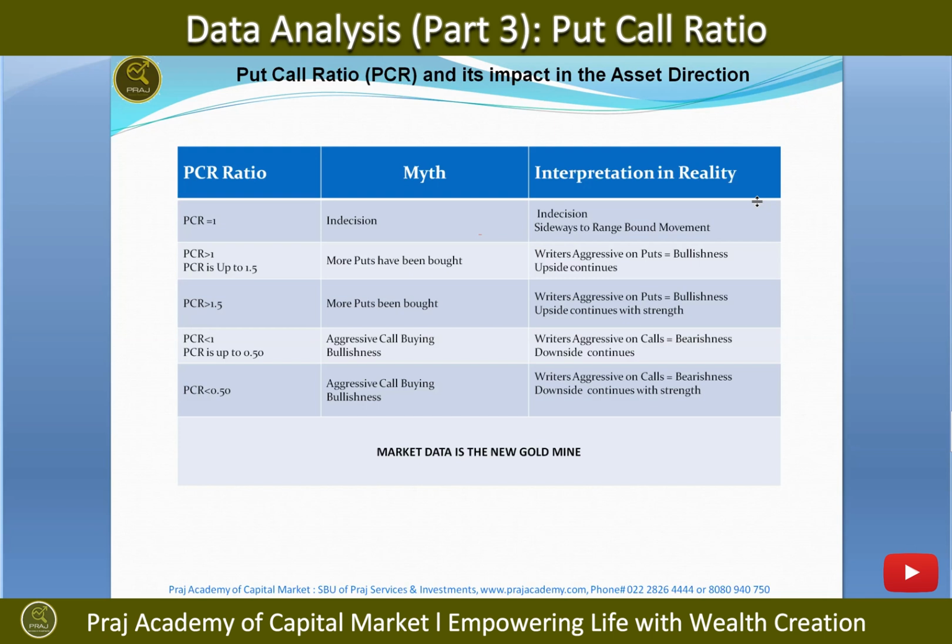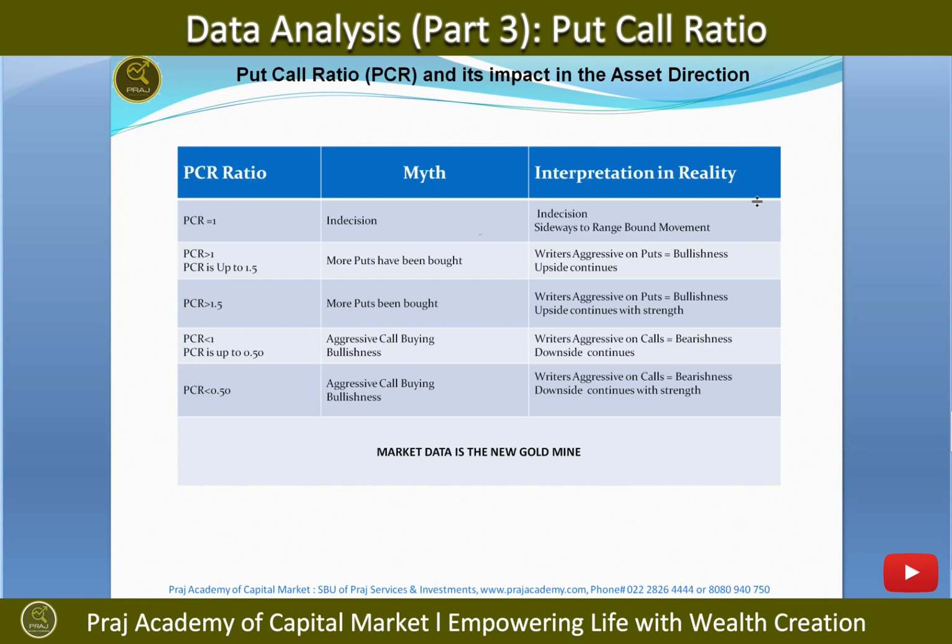Friends, it's important to understand that data is the new gold mine. And if you interpret the data properly and you can see which direction the market can move in, that means you can create your own view about the market.